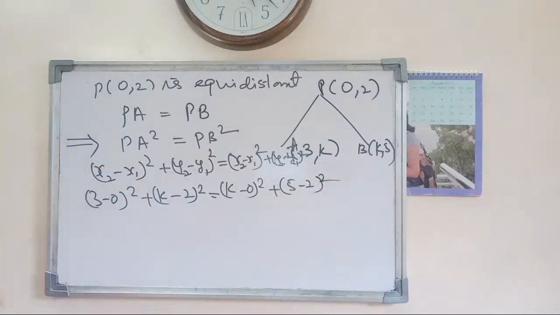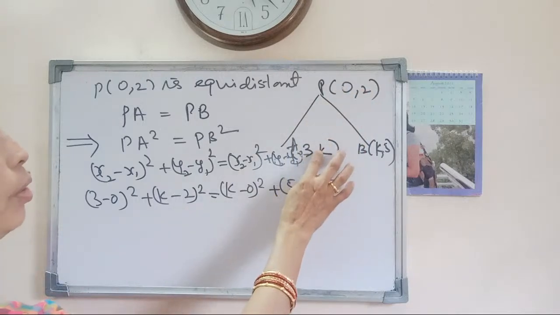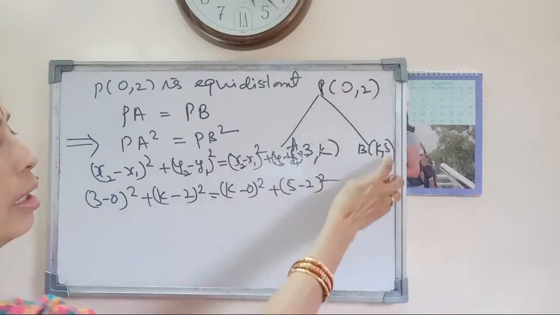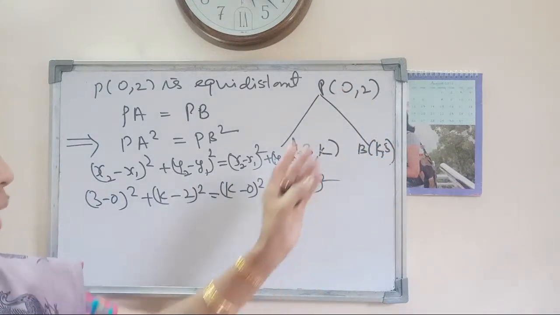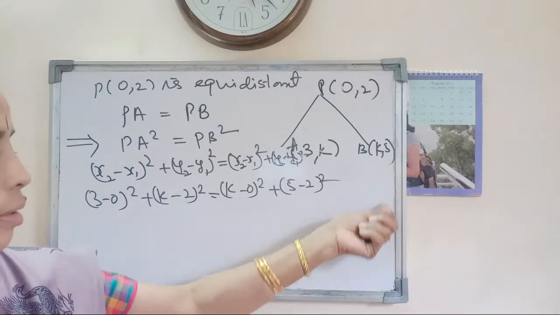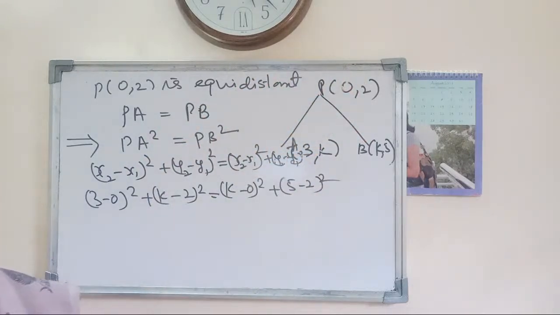I think it's clear for you all. If you are confused, you can write what is x1 y1 x2 y2 in the working column somewhere in the beginning. Later you can substitute.